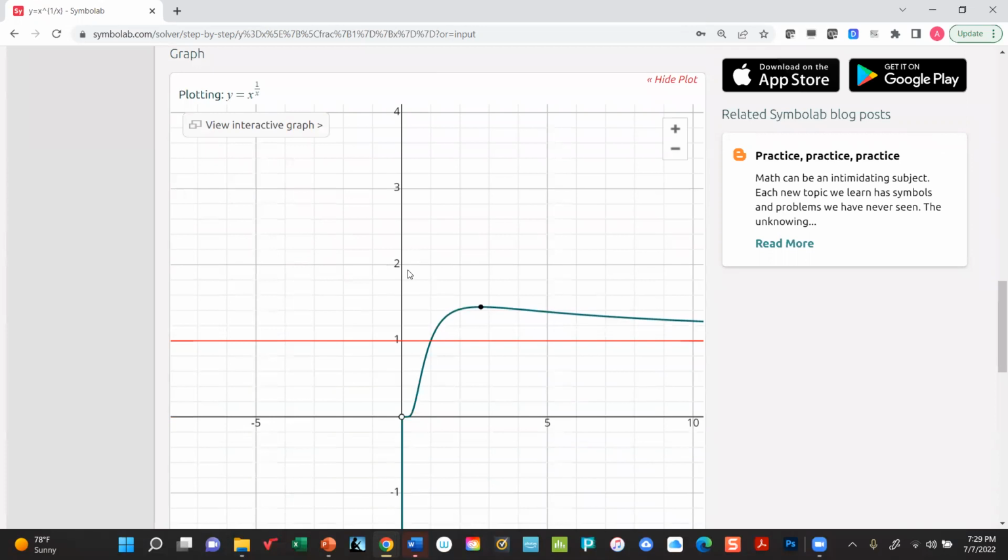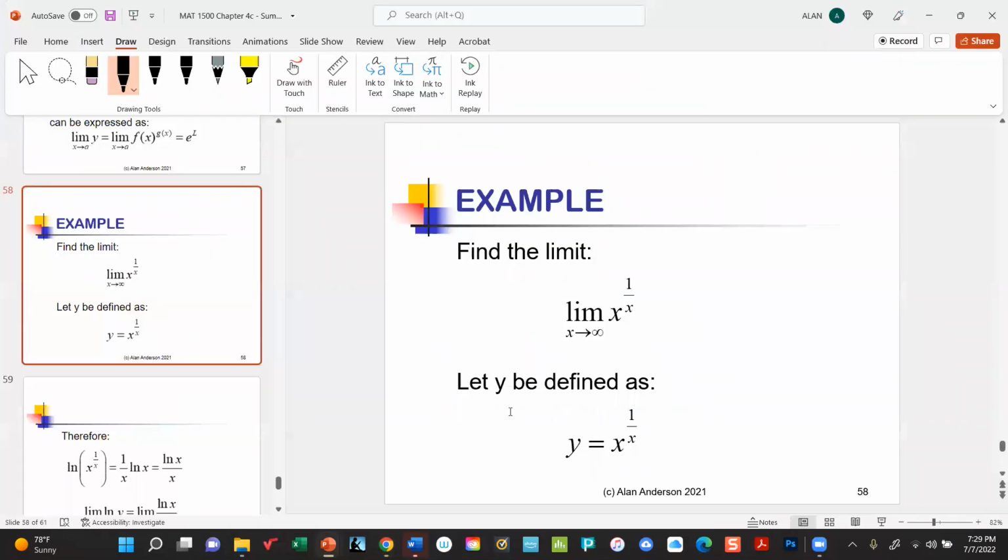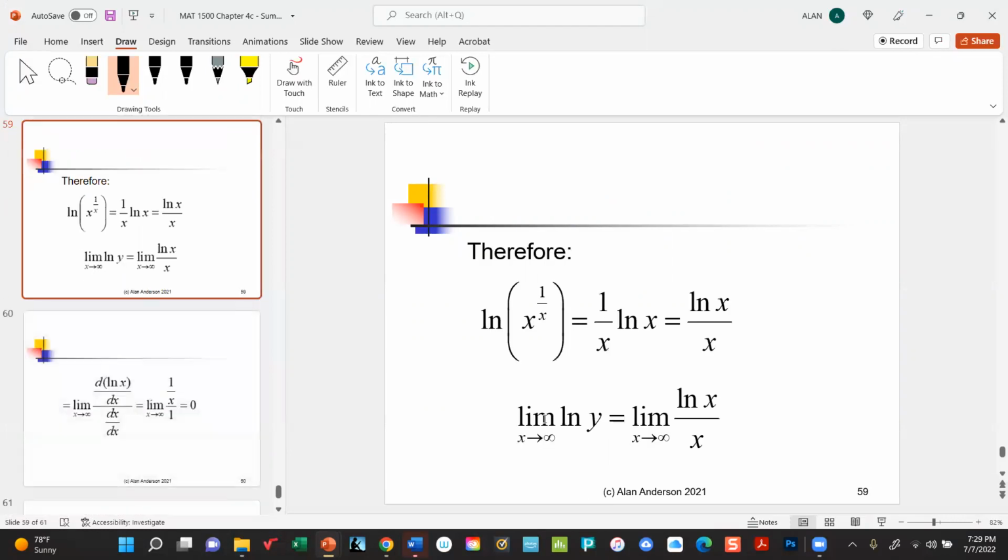So the limit, let's see, we're going to start by letting y represent x to the 1 over x power. The log of x to the 1 over x power is 1 over x times log x, or log x over x.